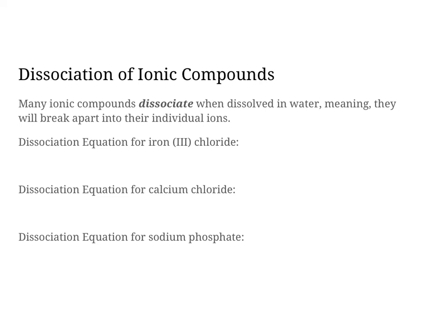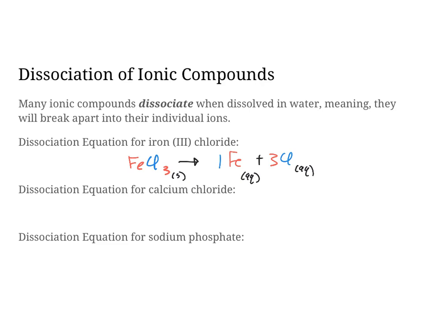If iron 3 chloride, FeCl3, gets put into water as a solid, we get on the other side Fe and Cl separated as aqueous, but we have to account for the fact that there are 3 chlorines and 1 iron. So basically we're just separating the compound apart into ions.